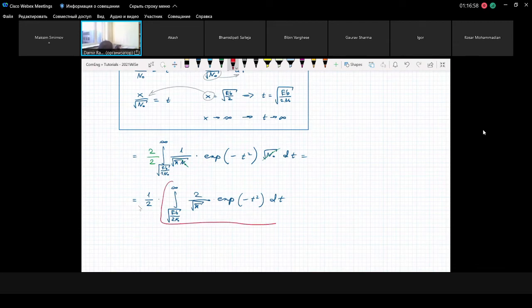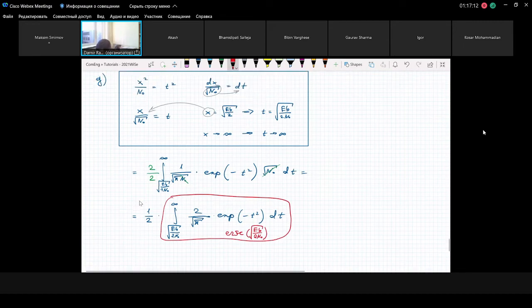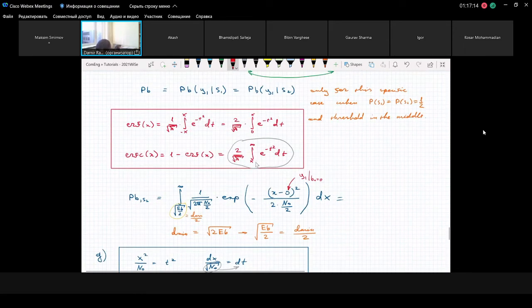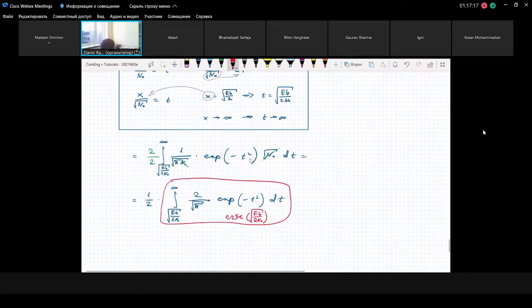So this part corresponds to the complementary error function of square root of EB over 2 N naught. Yeah, this is the lower limit. And we can write that it equals 1 over 2 times the complementary error function of square root of EB divided by 2 N naught, and that's all.